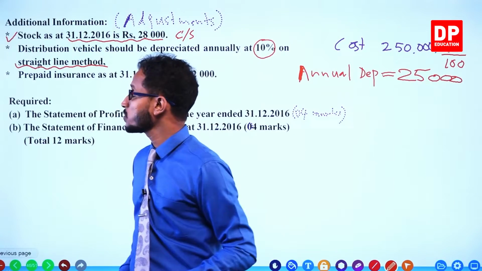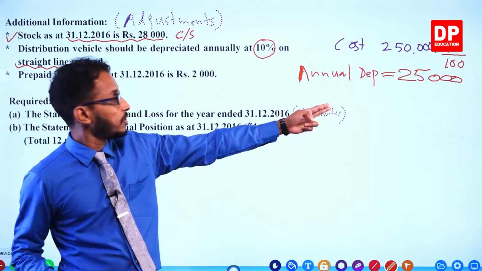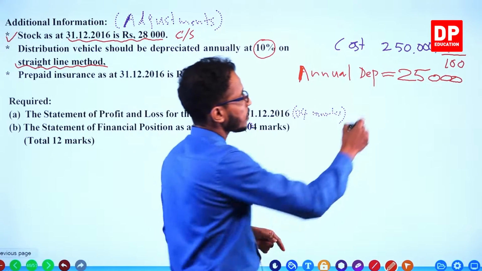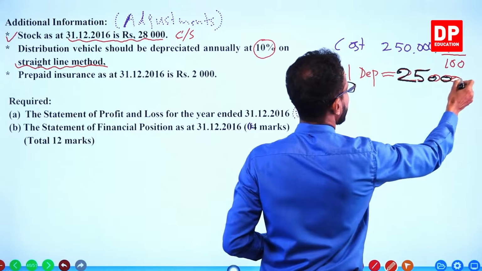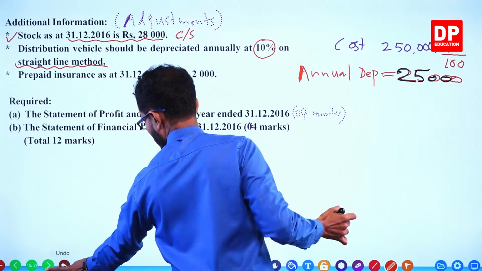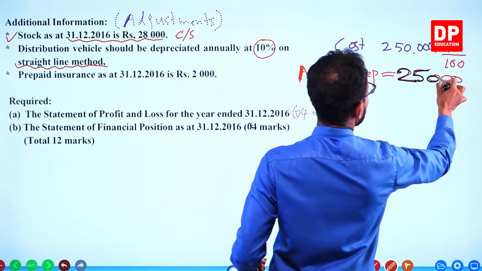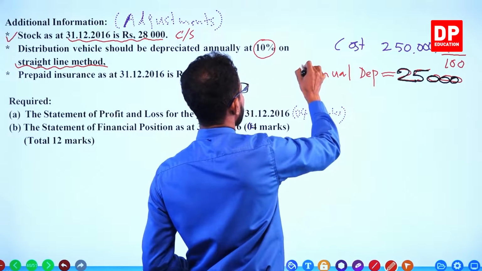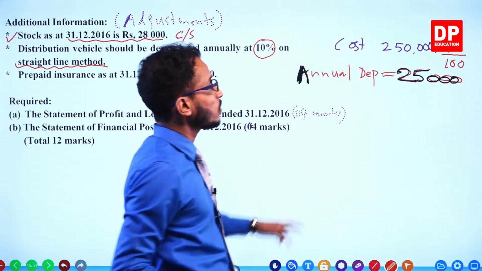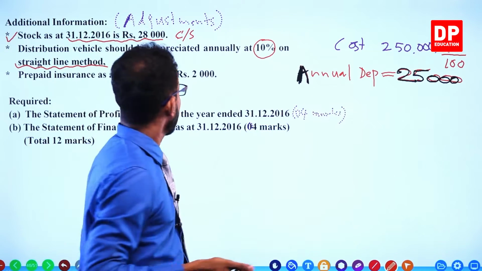Now it should go to the SOFP. But remember children, although the annual depreciation is 25,000, that is not the total depreciation. This is the annual depreciation only. Annual means per year, for this year.